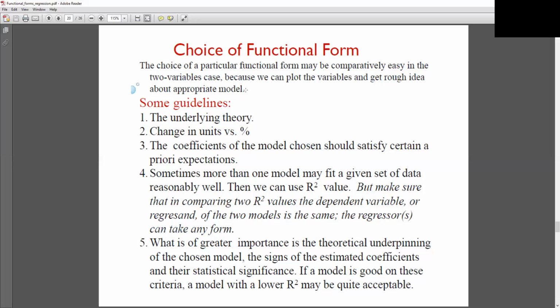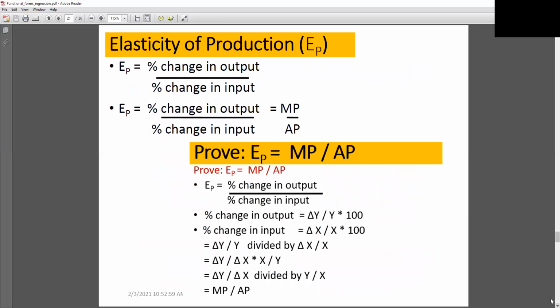You have R-squared value as well as adjusted R-squared value by the formula which we already discussed. On the basis of higher values of R-squared or adjusted R-squared, you can select the model. Okay, so this is what the functional form is. Now, slope, we know what is slope. Change in y to additional change in x, that is slope. Now, what is elasticity?